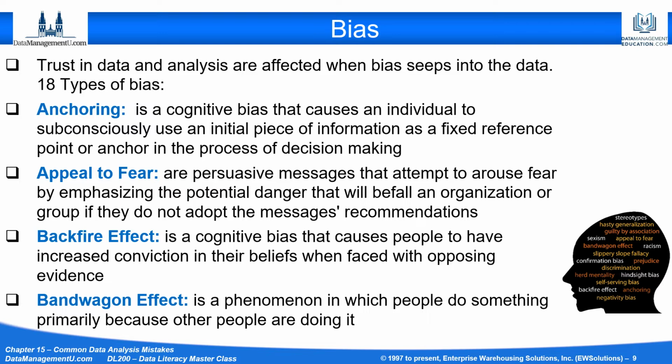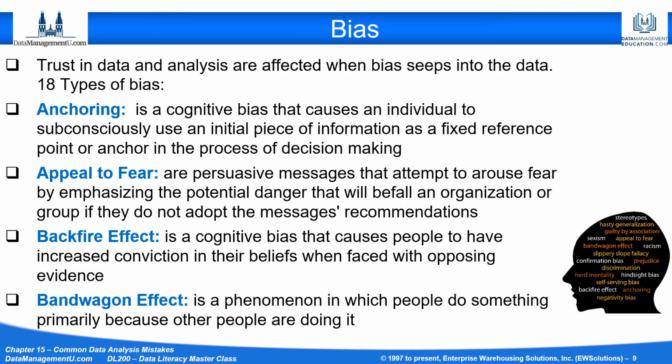Okay, next type of bias we see, a bias that appeals to fear. This is when there's a persuasive message or analysis or data point whose whole purpose is to attempt to arouse fear by emphasizing the potential danger that will befall an organization or a group if they do not adopt the message's recommendations.